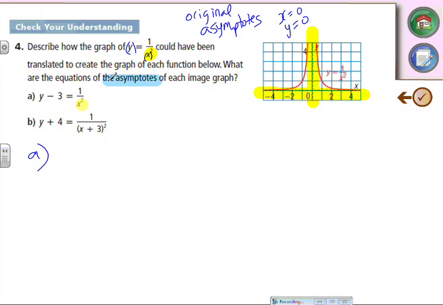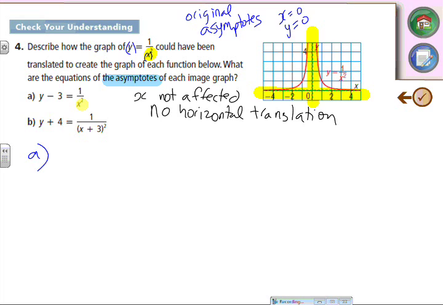So x not affected means no horizontal translation. But if I look at the y, it became y minus 3. 100% of the time, as soon as it says y becomes y minus 3, that's a vertical translation, because it's adding or subtracting 3 units.